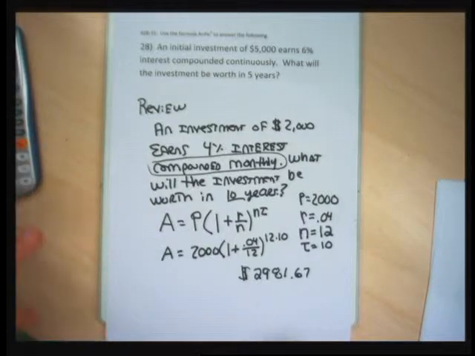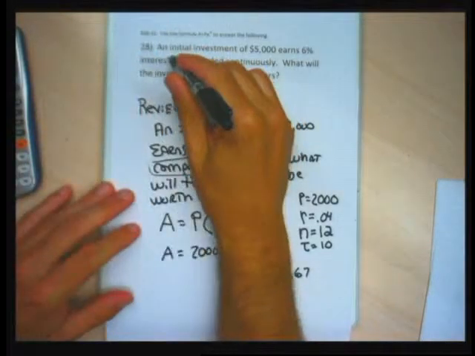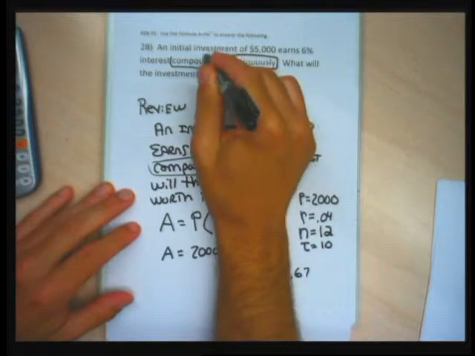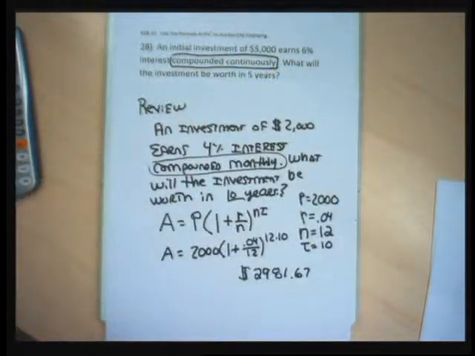If you look at problem 28 that we have to do next, and the problem that I just did, they're worded the same way, but they have a word that might be new to you mathematically: continuously.